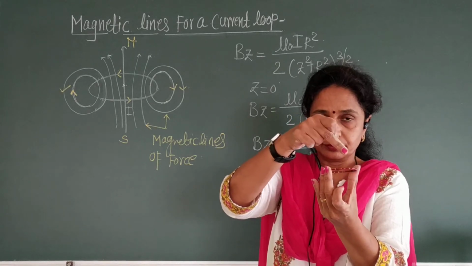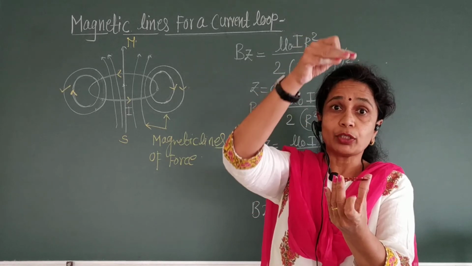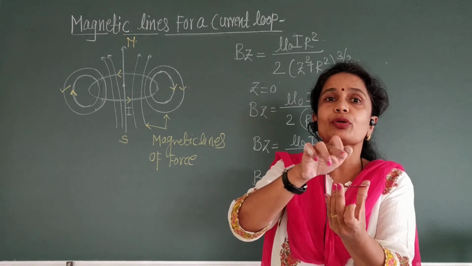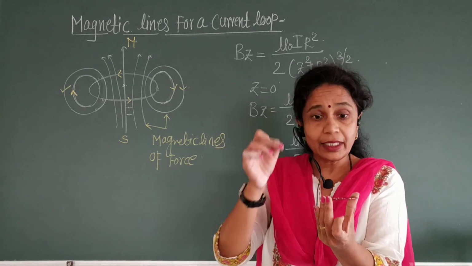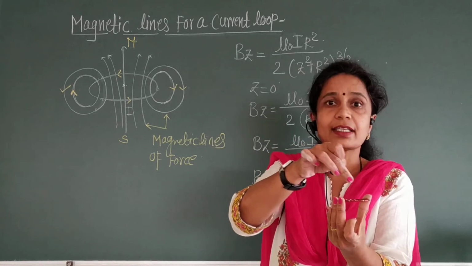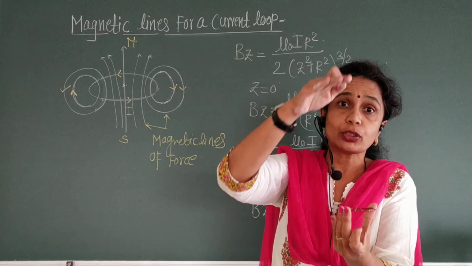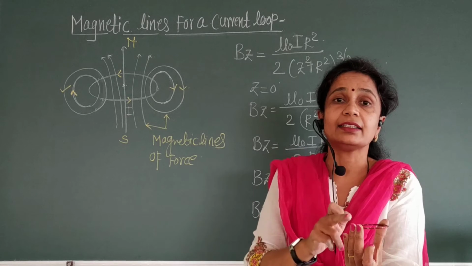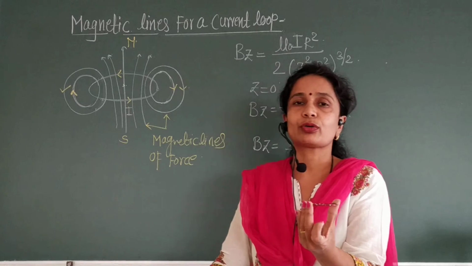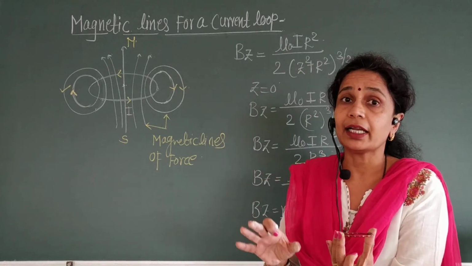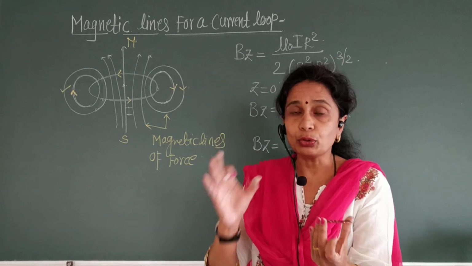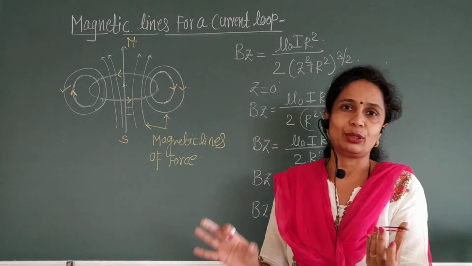If you see from the top, then this acts as a north pole. If the current is flowing in the clockwise sense, and you see from the top, then this acts as a south pole. Therefore, a current carrying circular coil behaves as a magnetic dipole. It has two poles, a south pole and a north pole.